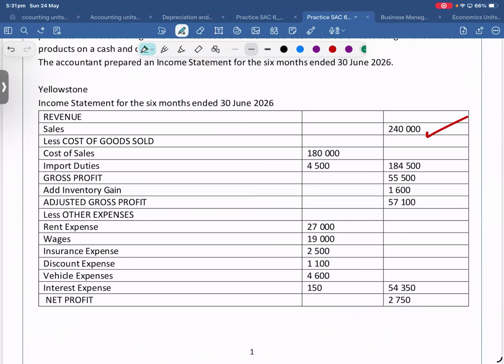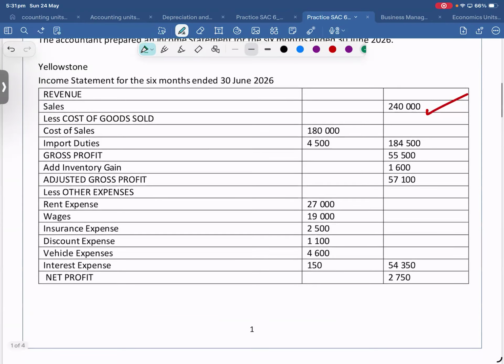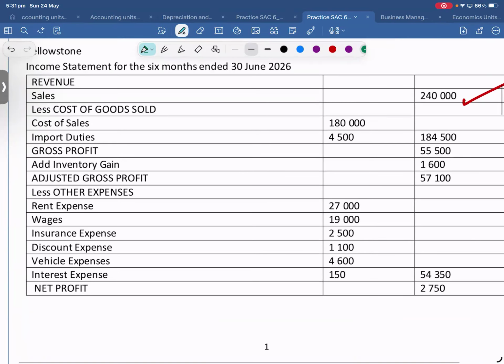Okay, next one, guys. Gross profit. Yes, do we report in the cash flow? No. Inventory gain, operating inflow? No, why not? Inventory, yes, non-cash. Right? Then, other expenses we have rent, 27,000.